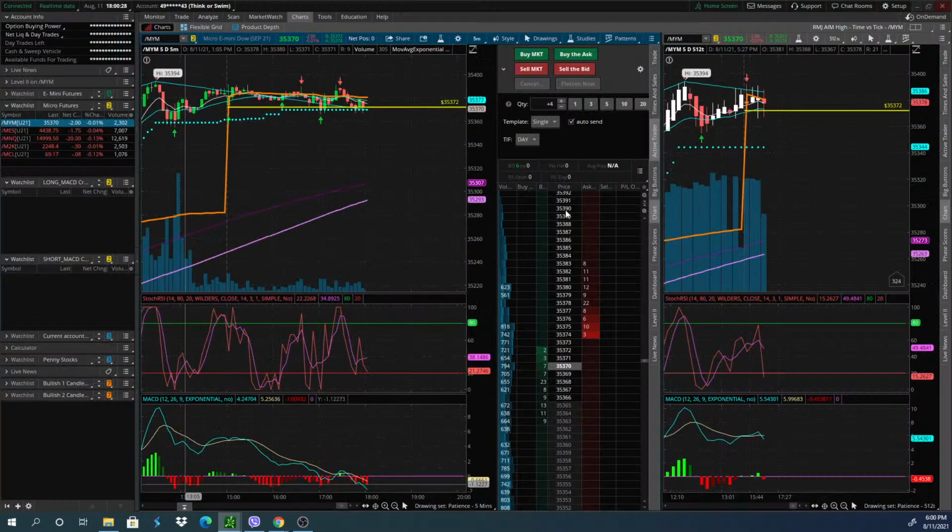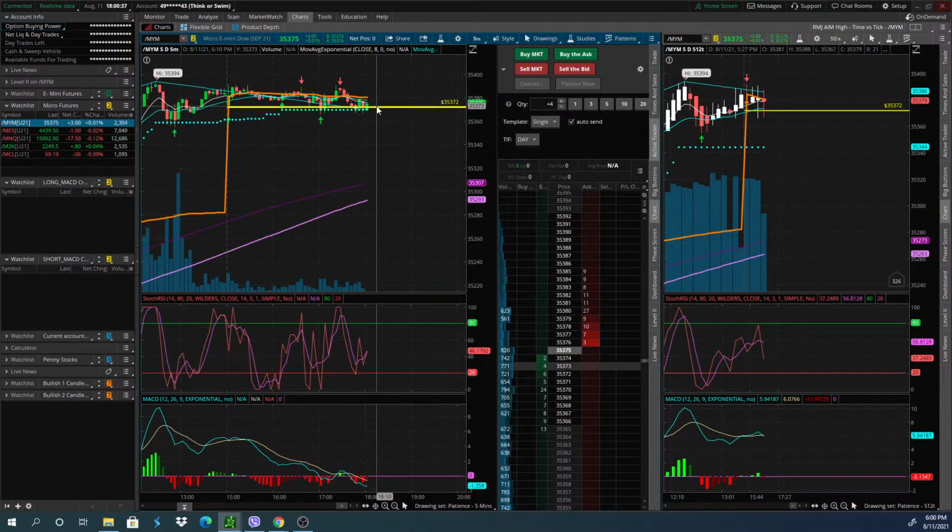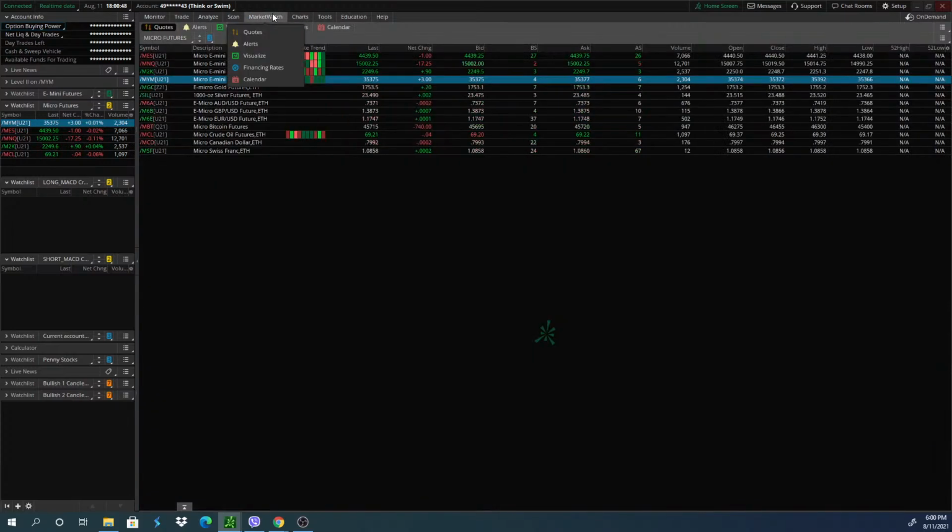So let's put the chart back up here. A few more things that I wanted to point out. You can see I have a horizontal yellow line on both sides here. What I do is draw this for the previous close. If I go on Market Watch, let me zoom in a bit so we can see this.